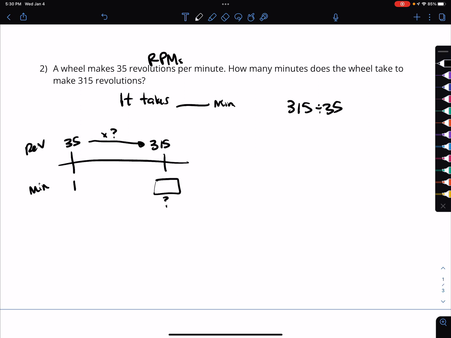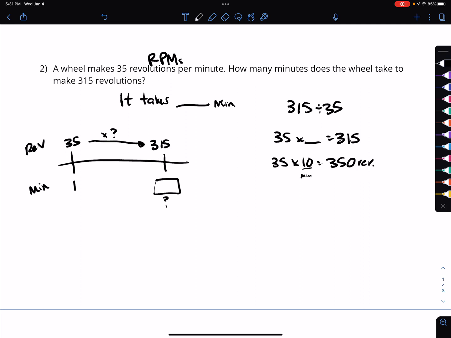Now I'm going to use a little bit of reasoning here to solve this one because I just think this one seems like it could be pretty close to easy. So if I think of this division like it's multiplication, I know that 35 times 10, so that would be 10 minutes, would get 350 revolutions. But that's more than what we need.